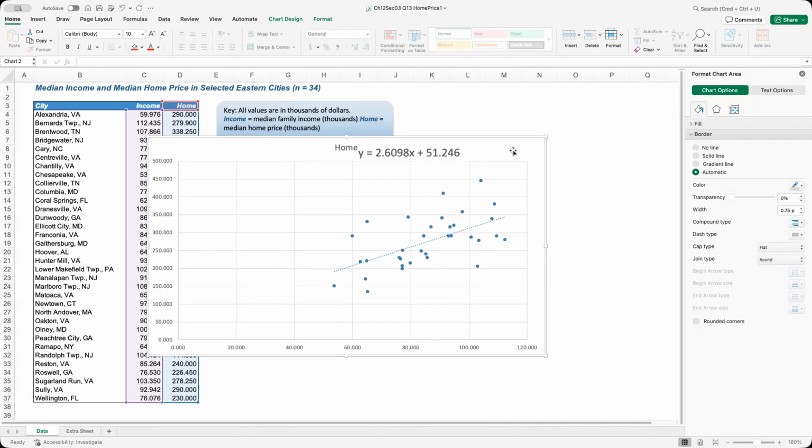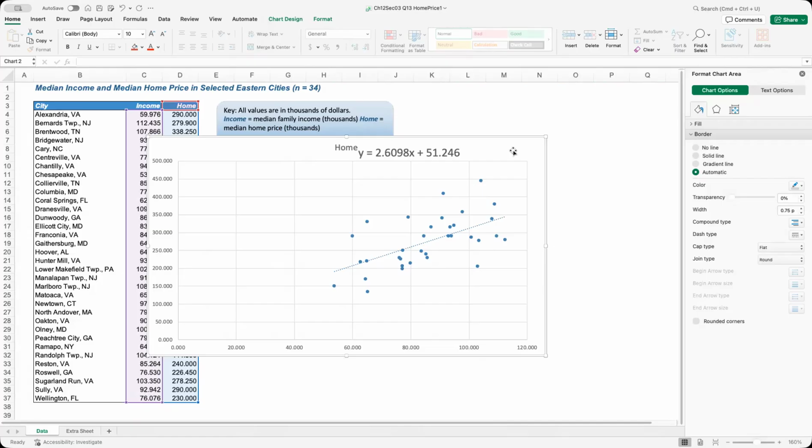In this setting, rise over run is the slope. What are the units for rise? It would be income, and income is measured in dollars, in this case thousands of dollars, right?